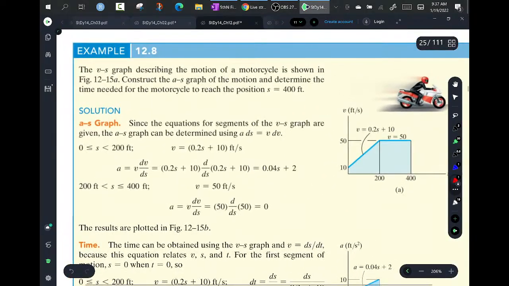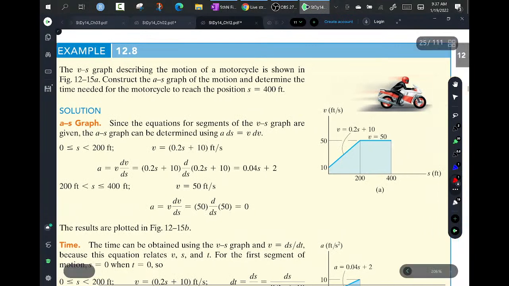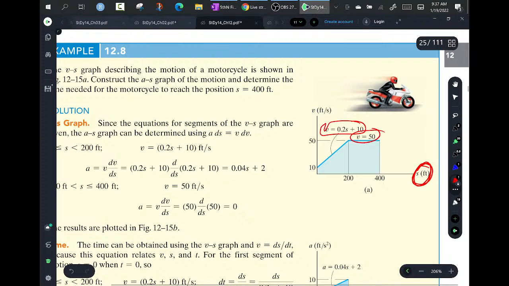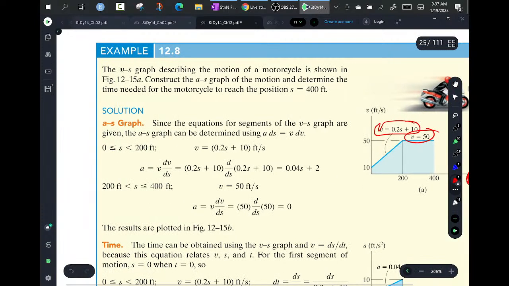Now, he did throw you this one, and I do these sometimes, but not that much. But okay, so here's your S, and you can list your V like this and your V of 50. So he lists his V this way. What does he do? He takes his V, sticks it right here, and then he takes the derivative of the V, sticks it right there, and he ends up with his acceleration.